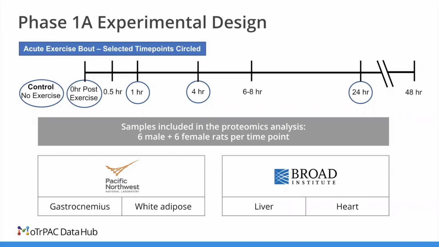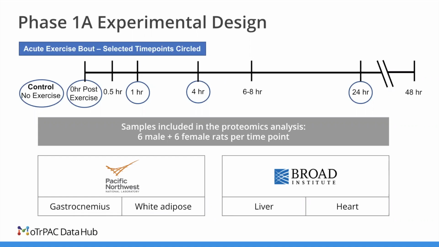I show in this diagram above the time points that Karen Esser described and discussed. One of the points I want to make here is that we used a tandem mass tag labeling technology for this particular experiment that required some constraints in the time points we evaluated. I circle in blue the time points that we've looked at.